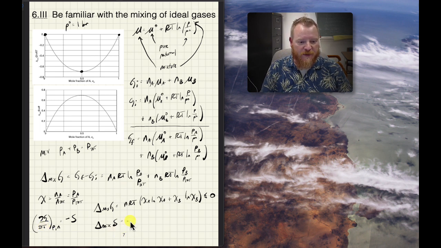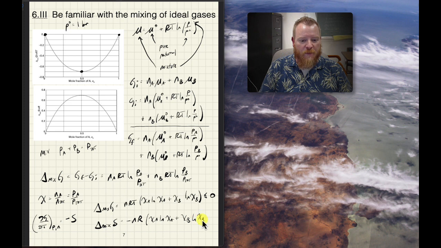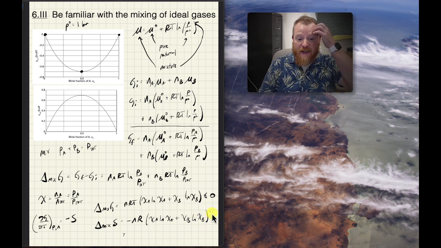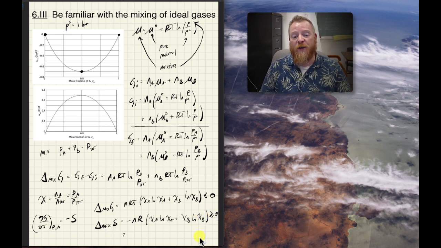So that just becomes negative nR times chi A natural log of chi A, plus chi B natural log of chi B. And as we might guess, that expression will always be greater than or equal to 0 for the same arguments because we have a negative sign there.